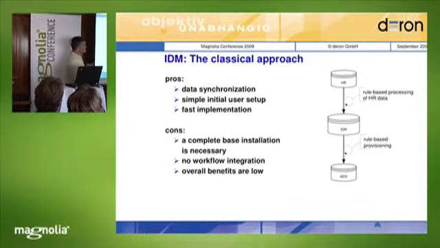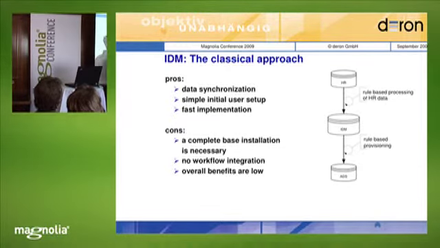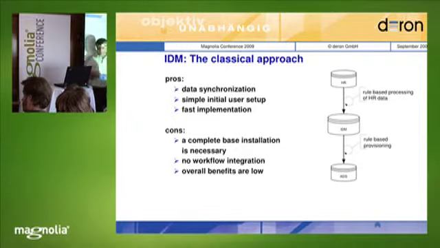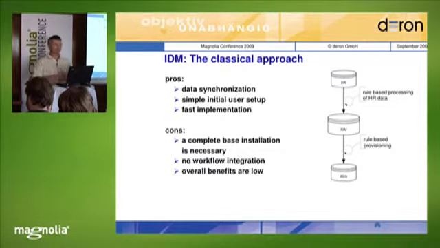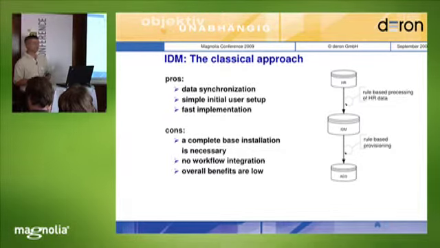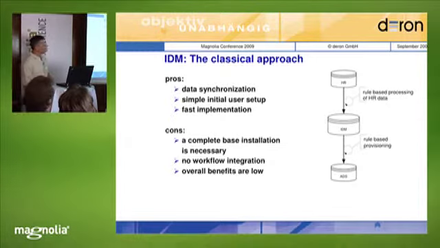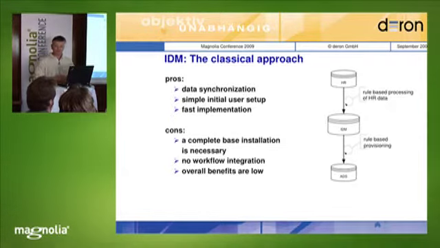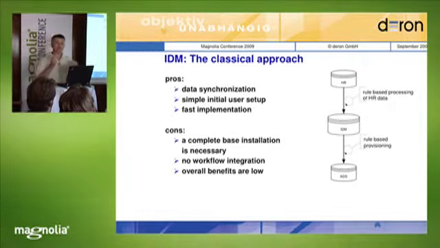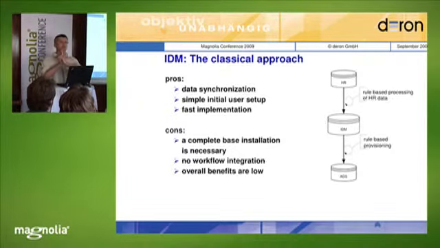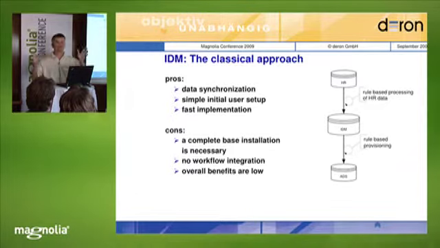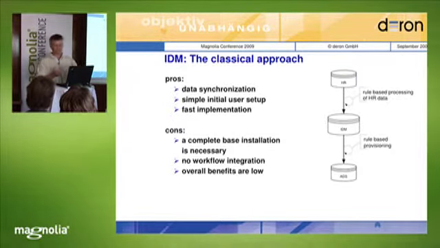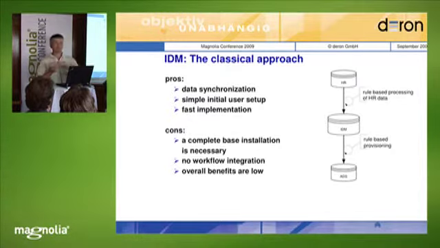So the approach is you have your HR system, and the HR system exports data. The identity management imports this data, and based on rules, they decide, for example, what is the email address of this new employee, because we have the first name and the last name.